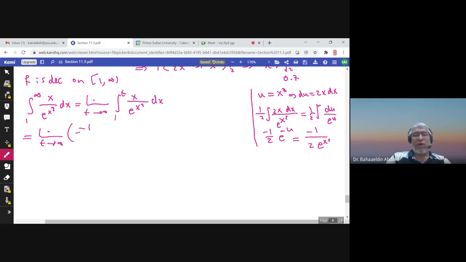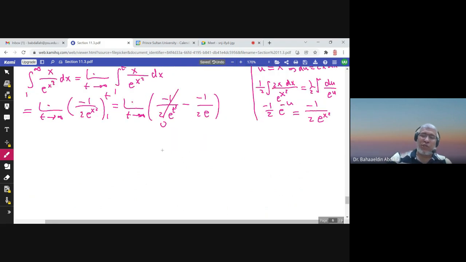So it's negative 1 over 2 e to the power x squared from 1 to t. So its limit is negative 1 over 2 e to the power t squared minus negative 1 over 2 e to the power 1, which is e. Now e to the power infinity is infinity, 2 times infinity, negative 1 over infinity is just 0. And the answer is 1 over 2e.